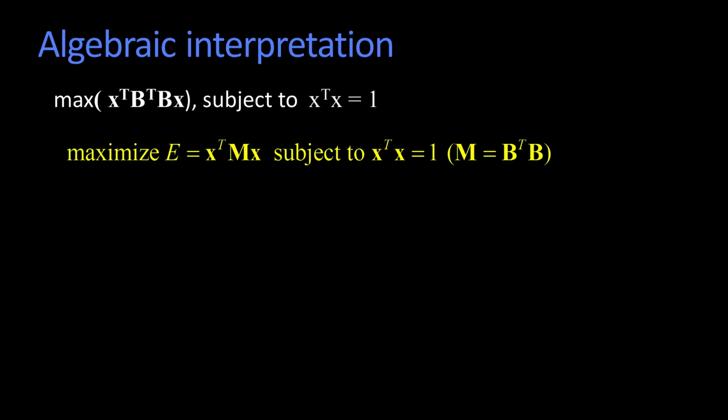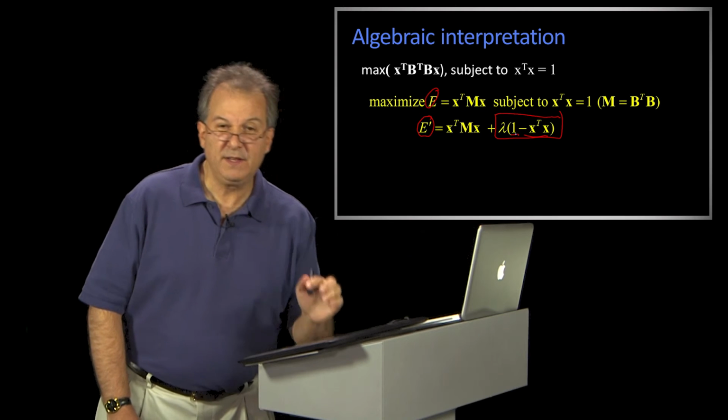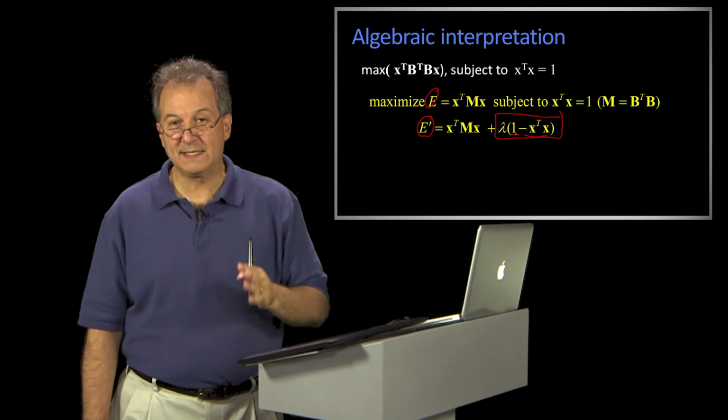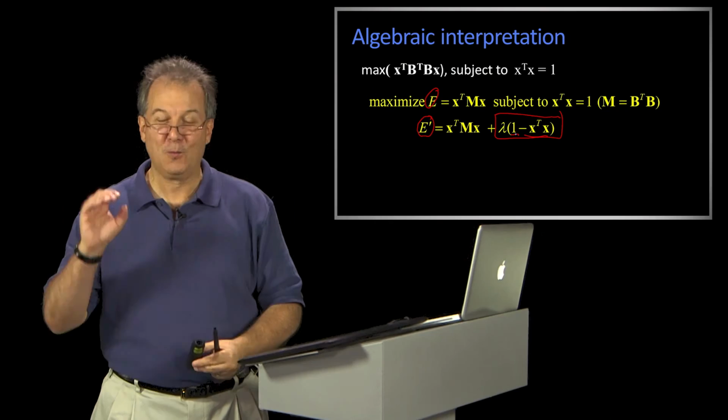Now, I'm not going to tell you a lot about this method, but I am going to introduce this quick notion of what's called Lagrange multipliers. Here is E, and here's E prime. And you notice that what we added to E prime is this term, lambda times 1 minus x transpose x. So Megan, if everything is solved correctly, 1 minus x transpose x should be what? 0?